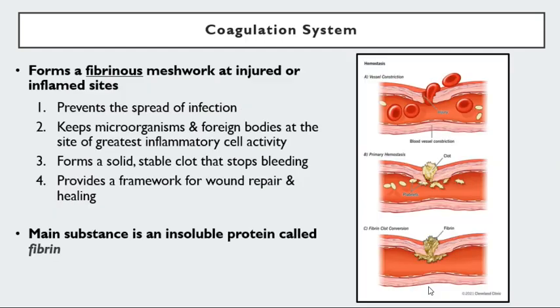There's also coagulation, which we're going to talk about extensively when we get to the blood clot and wound healing lectures. It forms a fibrous meshwork at the site of injury to help healing. Because once you've eliminated all the pathogens, you've got to start healing that wound after the cut, and this is the way you do it.